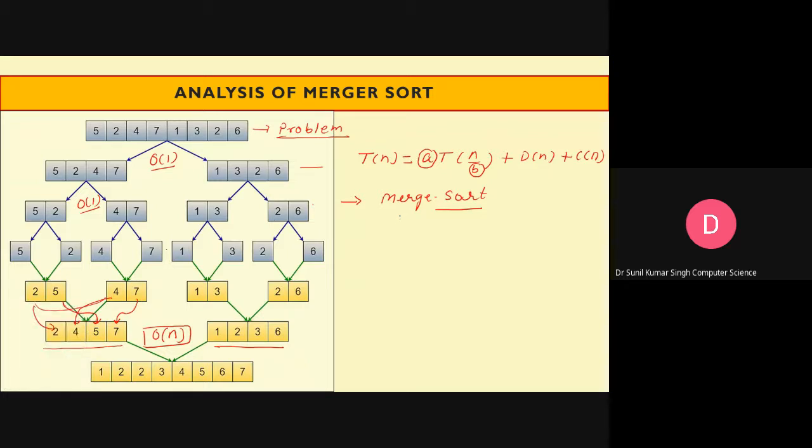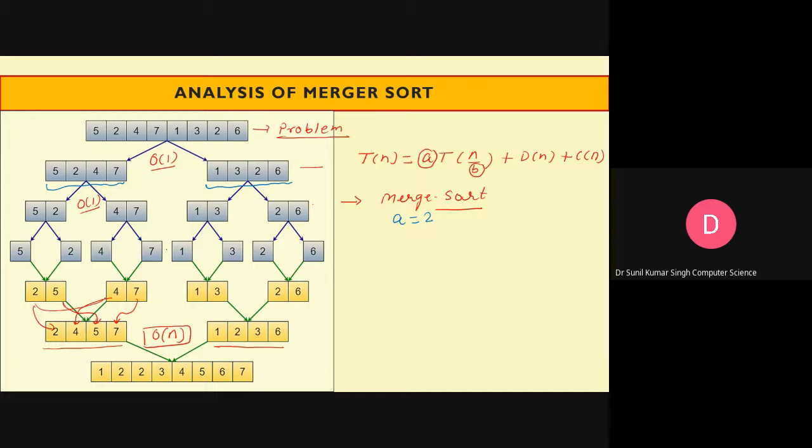So you can see the value of A will be 2. And now for finding the value of B, we have to look at the size of the subproblem. We can see it is being divided into an equal number of elements.